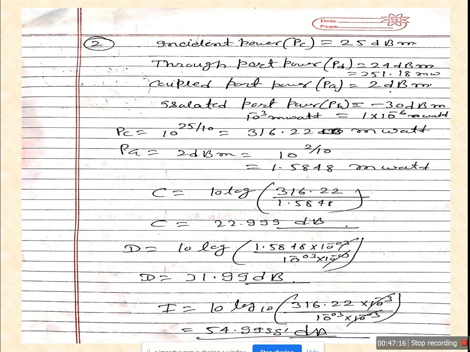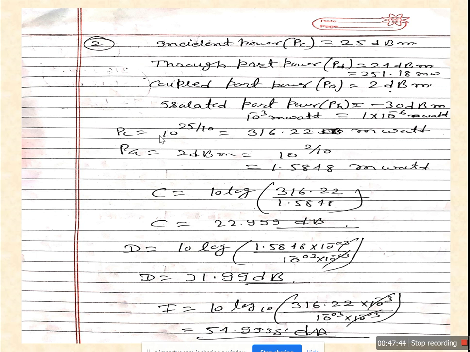just write the formula in terms of P1, P2, P3, P4. You will be in trouble when you write in terms of P1, P2, P3, P4. The correct form is to write in terms of the incident power, throw power, coupled power and isolated power. In most exams it changes; in competition exams they only write the incident port, then how can you find out?